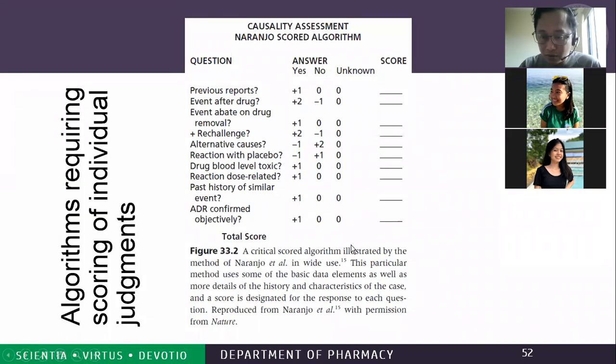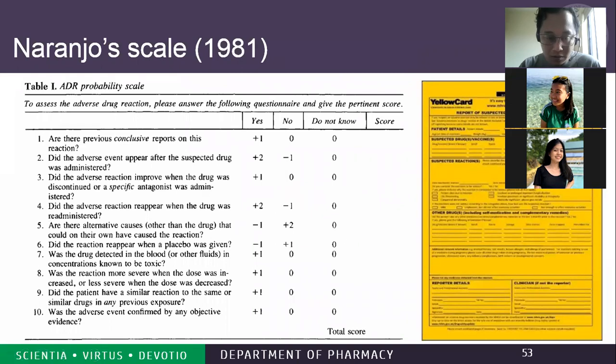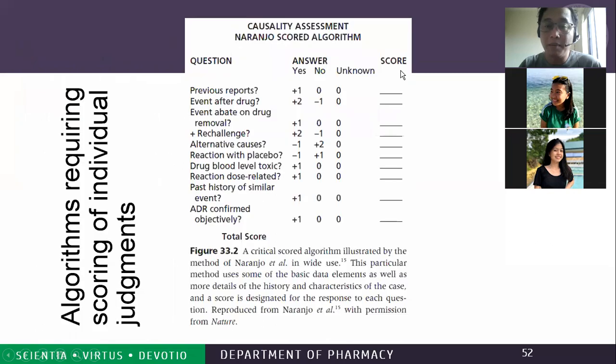Oh, there is no conclusion here. There should be one somewhere on the internet. Please find it. The higher the score, the stronger the association between the event and the drug.